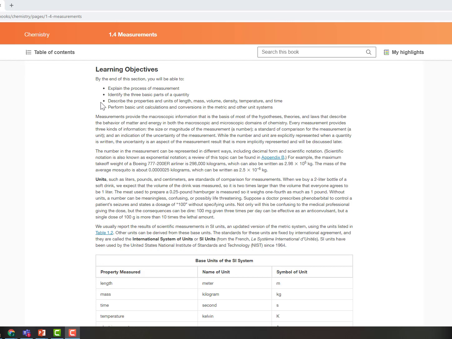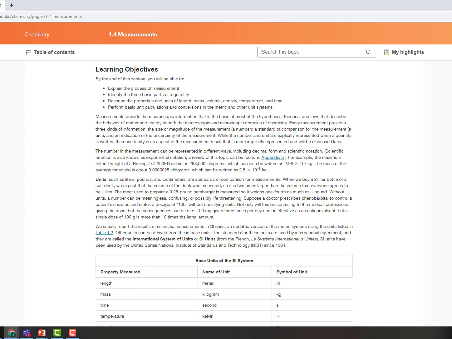Describe the properties and units of length, mass, volume, density, temperature, and time, and perform basic unit calculations and conversions in the metric and other systems. We'll be doing a big chunk of this during the lab time, and we'll talk more about why we're doing it there on that lab day.